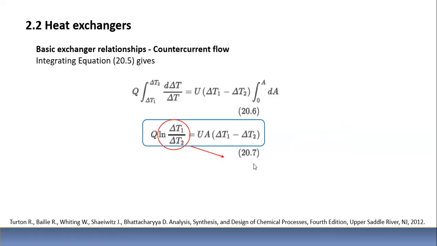Now, in expression 7, if the logarithmic term of the temperature differences goes to the denominator, we will have UA times delta T1 minus delta T2, which is the difference of the temperatures at positions 1 and 2 on the exchanger, divided by the logarithmic term of delta T1 divided by delta T2.